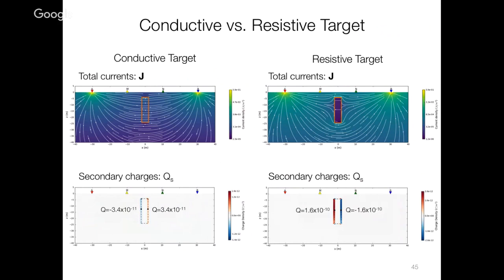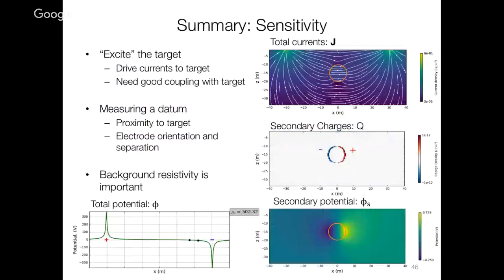Notice also, if you haven't already, that the sign of these charges has changed. When we go from a conductor, we get negative charges and then positive charges. With the resistor we get positive charges and then negative charges. The resistor is going to cause bigger problems.